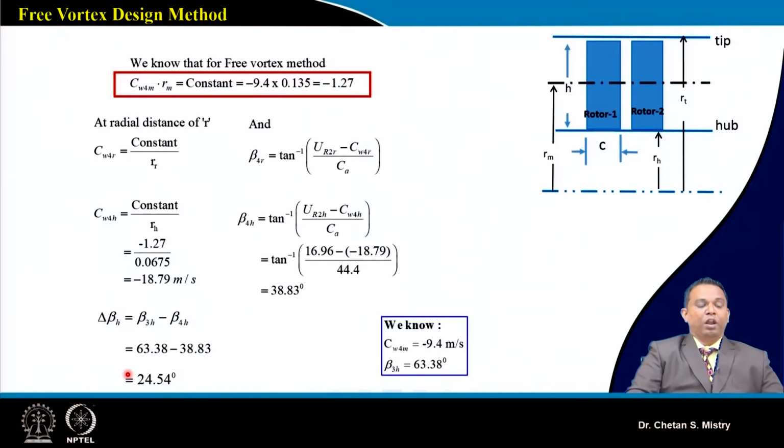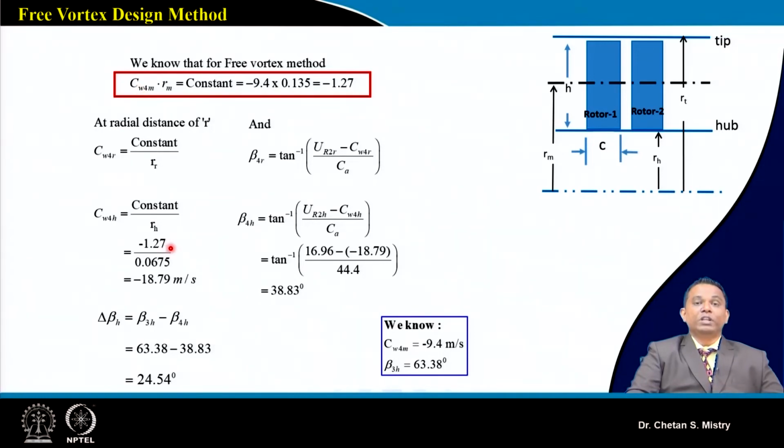Okay. Now we will opt for our free vortex design concept at the exit of rotor 2. So we will put CW into R equal to constant, since my CW4 is what we calculated at the mid station, and based on that my constant is coming to be minus 1.27.